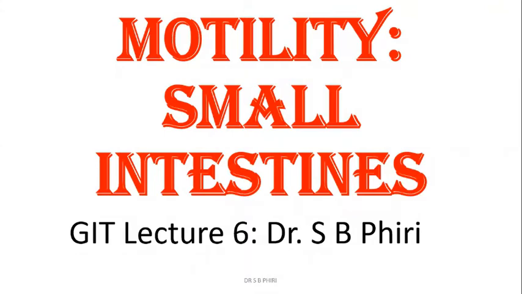Once it has been converted into pepsin, it will initiate the digestion of proteins in the stomach. There's also a bit of gastric lipase that will proceed with the digestion of fat, but that digestion is not complete in the stomach.